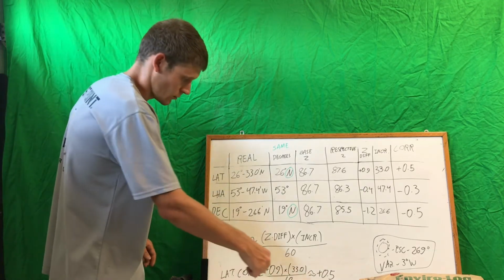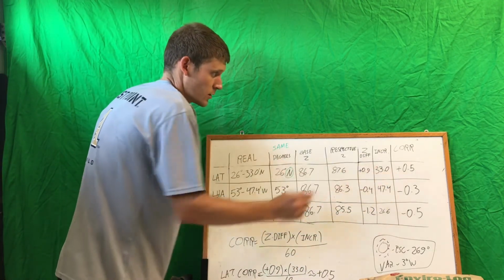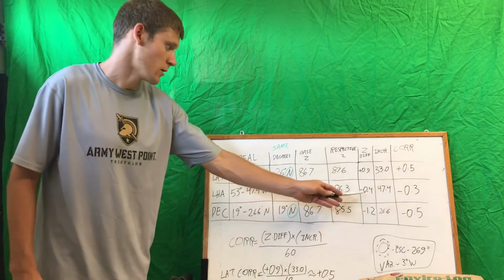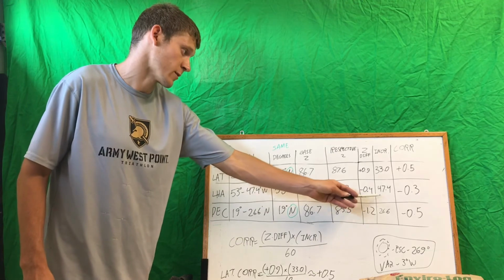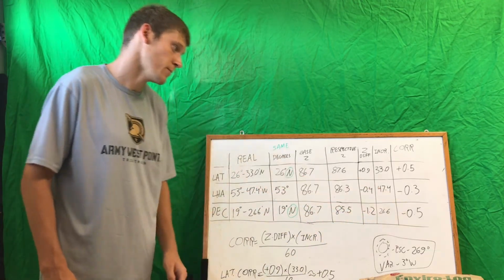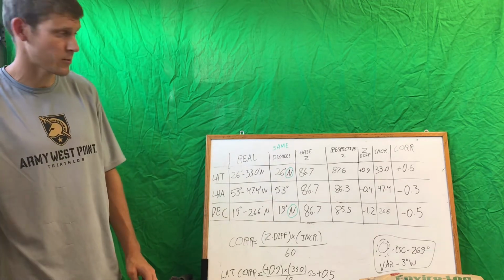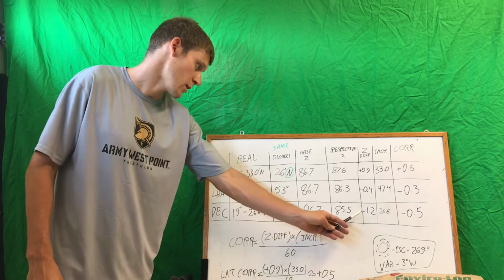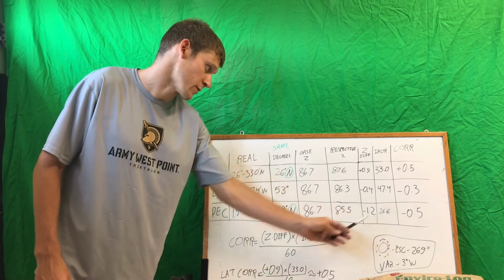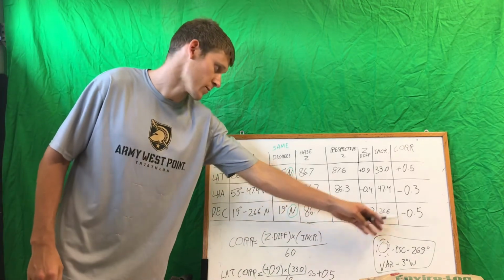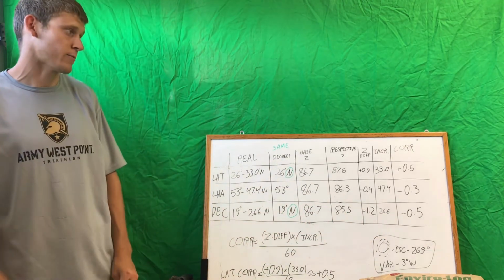So you do that math out, and you put it in there. And then for LHA, negative 0.4 times 47.4 divided by 60, you'll get 0.3. Always round these up to the nearest number. And then for declination, negative 1.2 times 26.6 divided by 60, it's going to get you approximately negative 0.5.